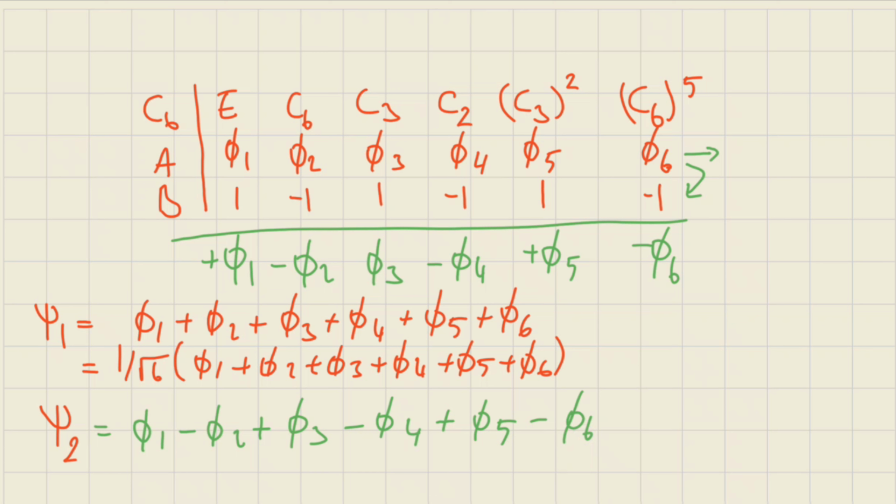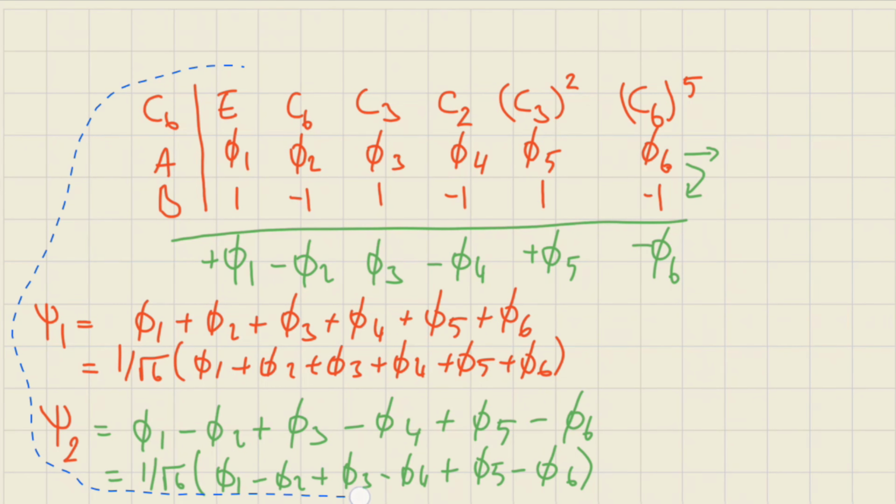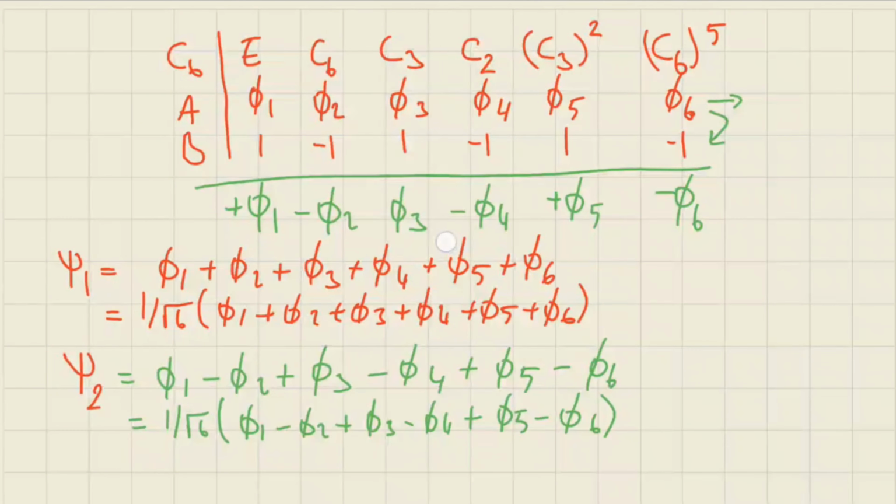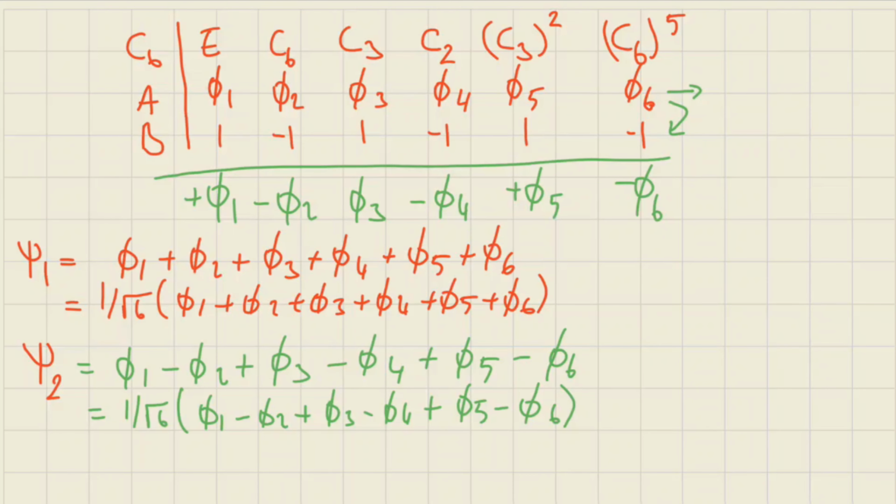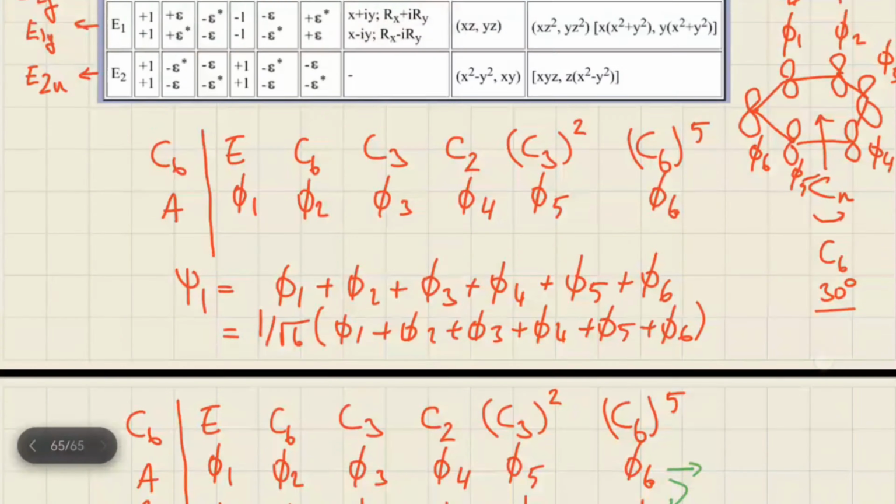And I can normalize it. Again, it will be 1 over square root of 6, phi1 minus phi2 plus phi3 minus phi4 plus phi5 minus phi6. Okay, so this is the second wave function. And this orbital, as you see, is here.